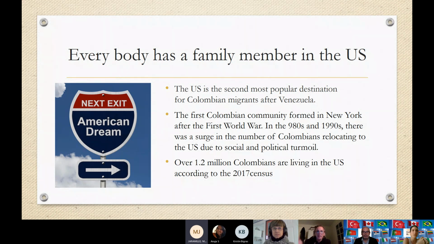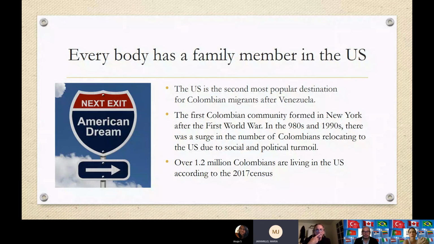And I think it continues like that. So right now, according to the census of 2017, we have 1.2 million Colombians living in the US. They're mainly located in South Florida and New York. Those are the two places where we have the biggest Colombian communities.